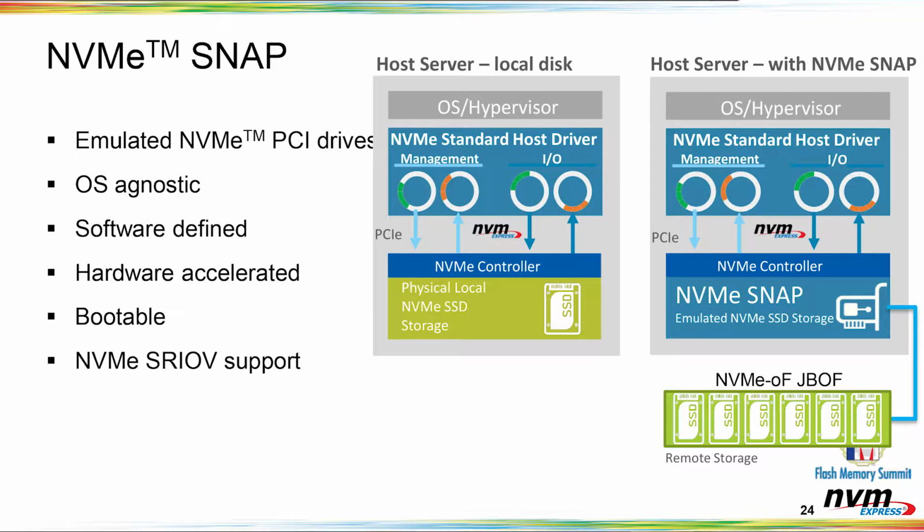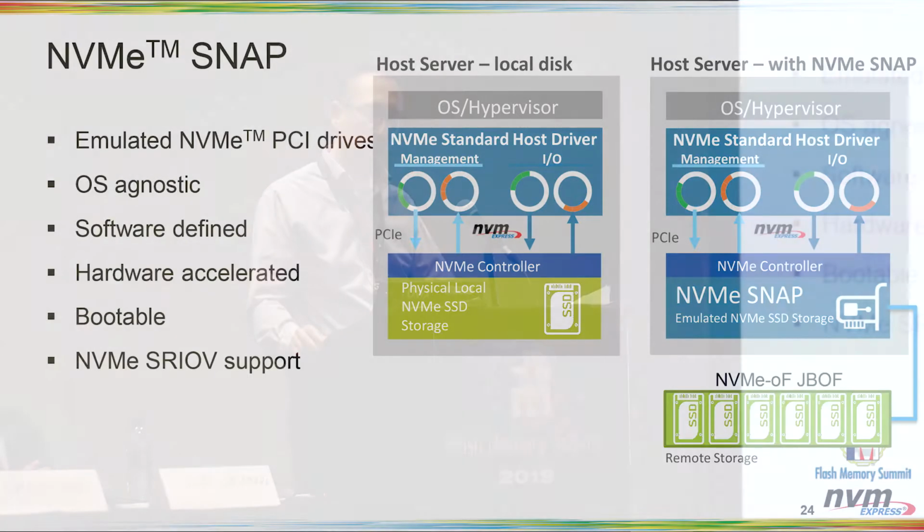NVMe Snap implements that NVMe controller interface on the physical function, and the host is unaware of any change. Behind the scenes, that smart adapter can implement NVMe over Fabrics to a JBOF, or it could implement any type of storage solution. It could even go with a proprietary solution on the wire.